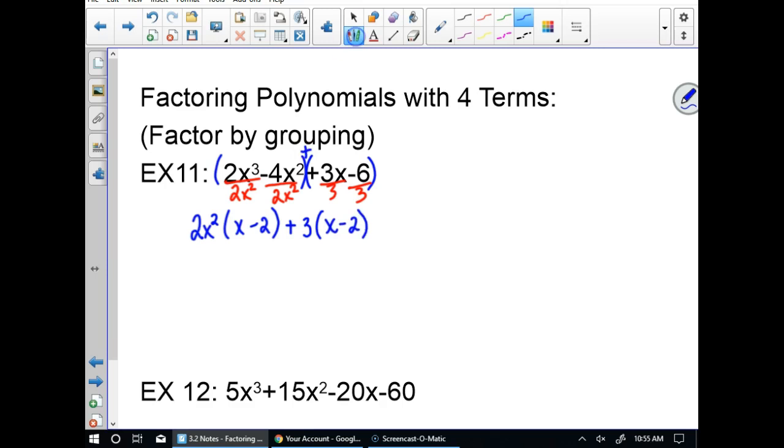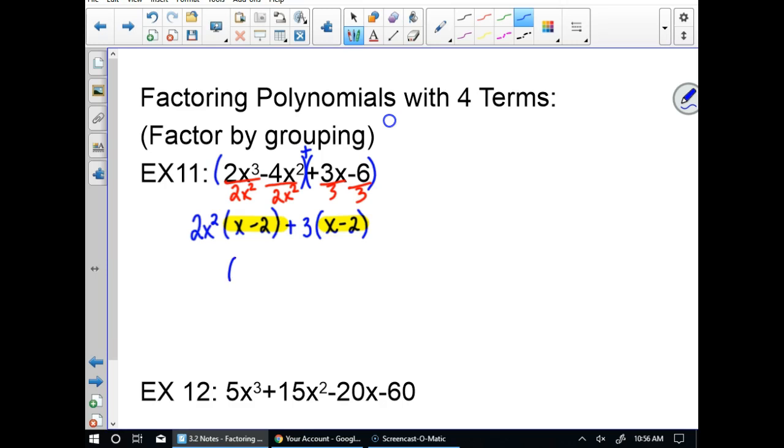Now this is what you want to happen. You want both of these right here to match. If they don't match, you can't do factoring by grouping. Although, it might be because you didn't pull out the correct greatest common factor, so look back for that. Since they both have an x minus 2, essentially what you're doing is factoring out the x minus 2.